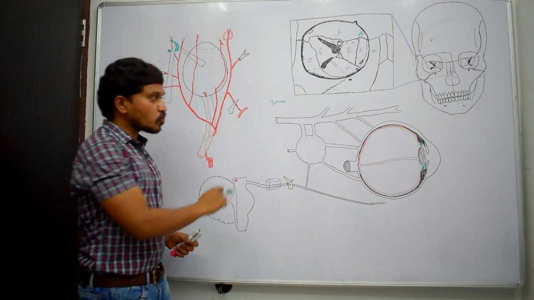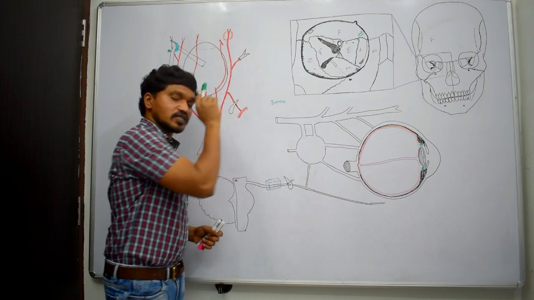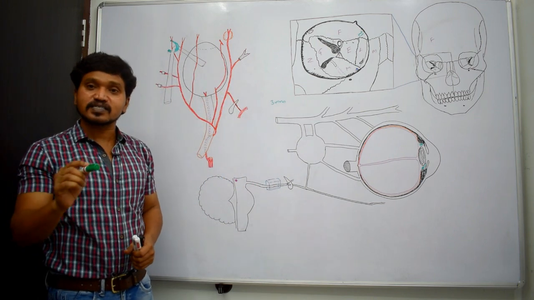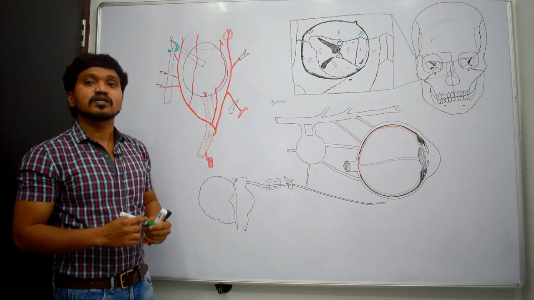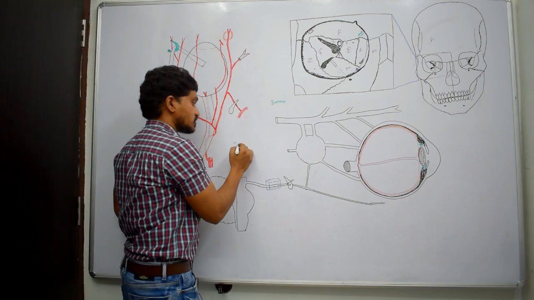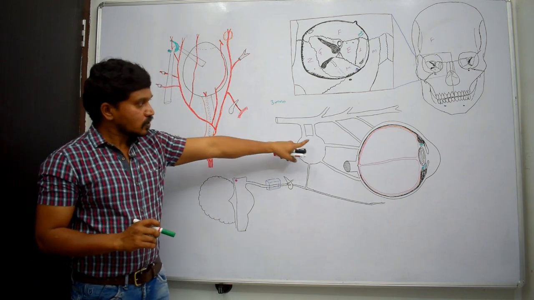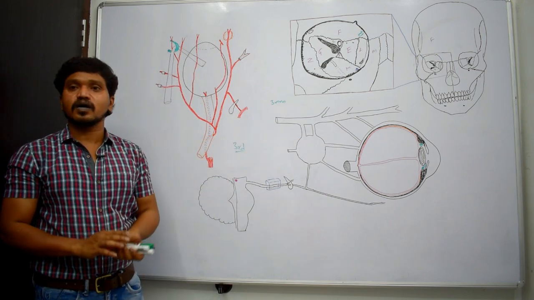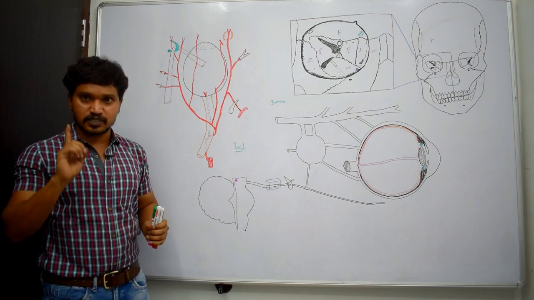So topographically it is attached or related with the nasociliary nerve, but functionally it is not related to the nasociliary nerve. Functionally it is related to the third cranial nerve. So this is the introduction about the ciliary ganglion. Very simple. It is one of the peripheral parasympathetic ganglia.